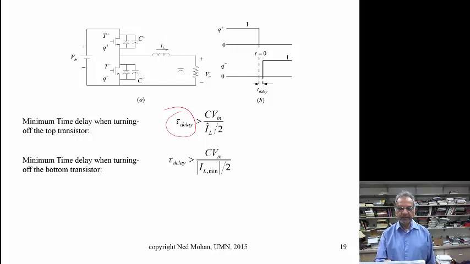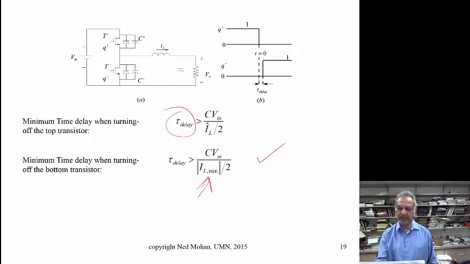But the minimum delay time when we are turning off the bottom transistor, then we have only IL minimum to deal with, because that's the current we have through the inductor, which makes these voltage transitions happen. And so you can see that we get this expression, but usually this IL minimum, in absolute value, is much lower than IL peak.